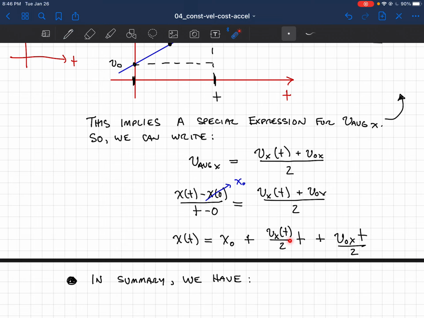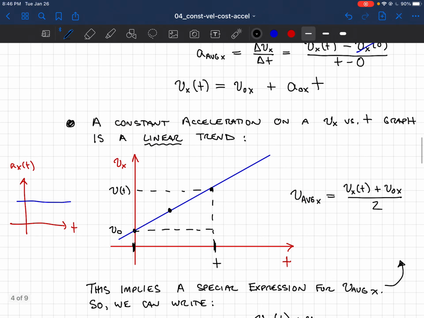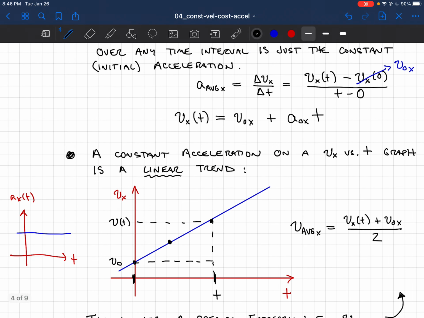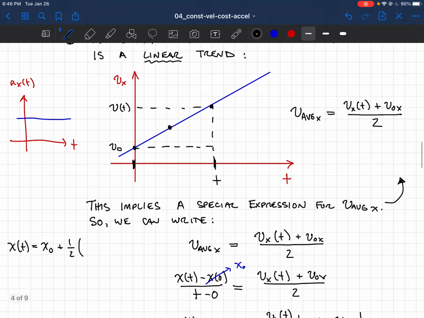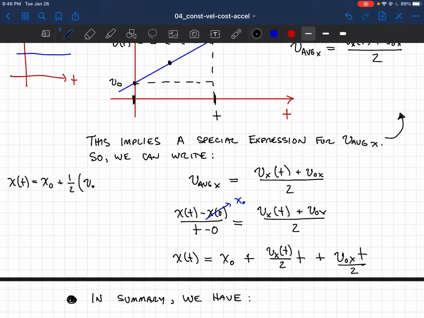We have to plug in our previous expression for vx of t. So what does that become? Well, it becomes x of t is equal to x0 plus 1/2 times vx of t, which was v0x plus a0x t, multiplied by time.